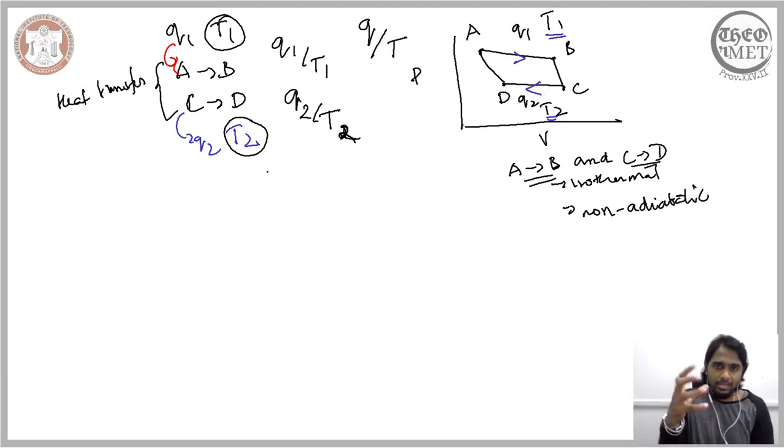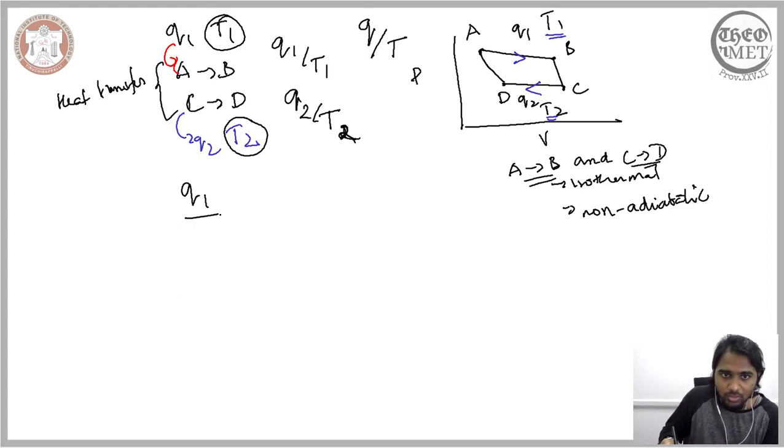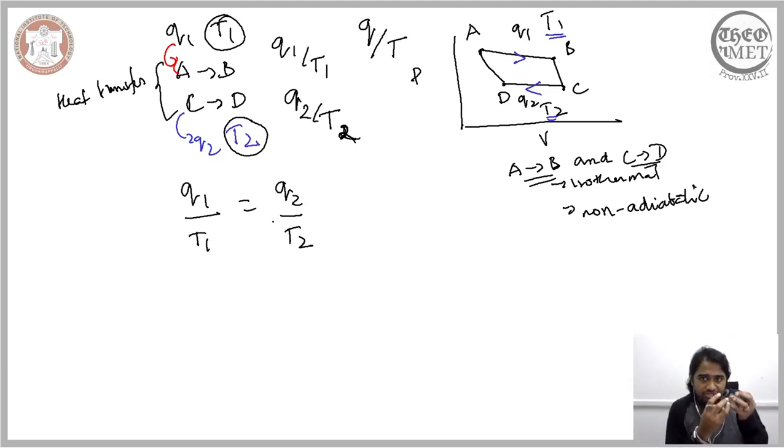One of the critical relations that we could derive from the operation of the Carnot cycle is this: Q1 by T1 is equal to Q2 by T2. This means the change that is brought about when the system takes in Q1 heat at temperature T1 is the same as the change brought about when the system loses Q2 heat at T2, and that is what this expression helps us understand.